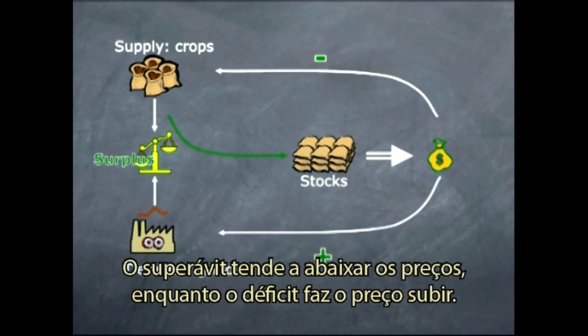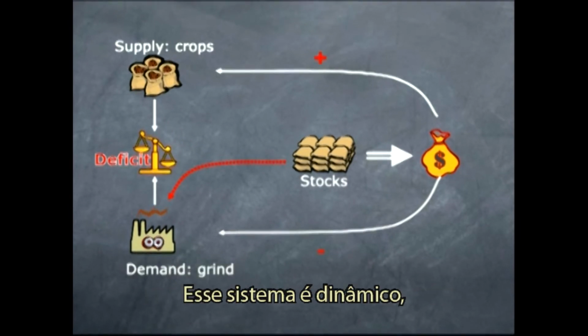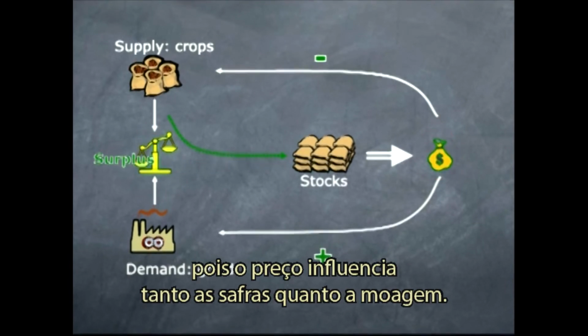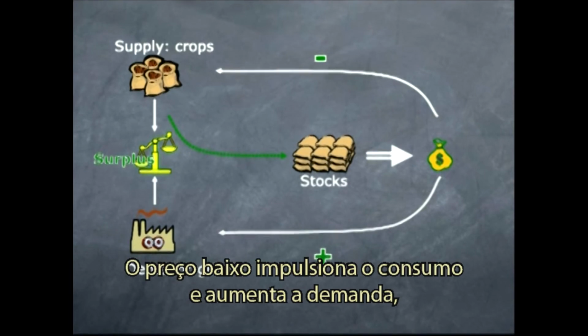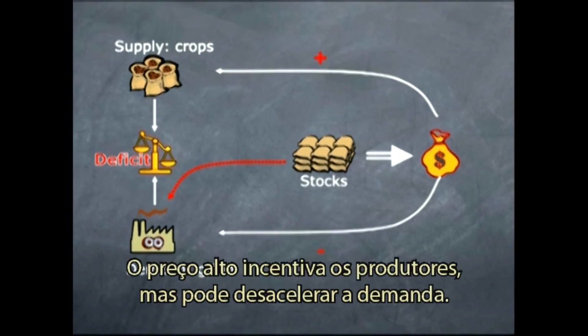Surpluses tend to push prices down, while deficits pull prices up. This system is dynamic, as price influences both crops and grind. A low price boosts consumption and increases demand, but discourages producers. A high price motivates farmers to produce more, but can slow demand.